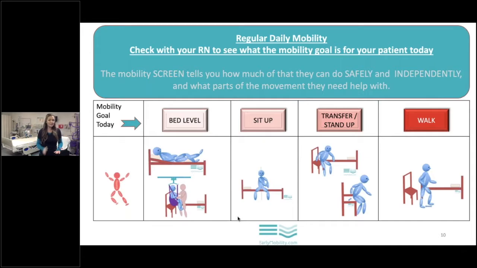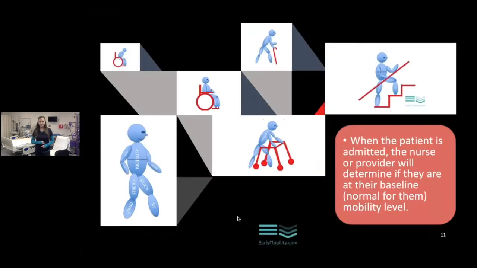But for the regular daily mobility, we want to look at the tools in a different way to say which safe patient handling tools will allow those patients to use as much as they actively can and still be safely supported while they achieve their mobility goals. So the goals we can break into bed level goals, sitting up, transferring and standing, and then walking.